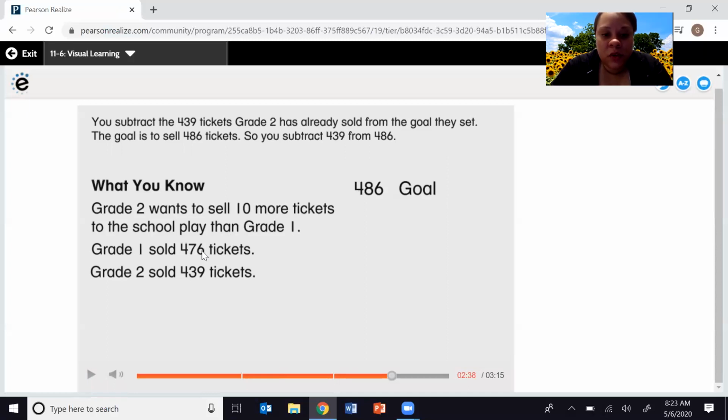Now we can subtract 439 from 486 to figure out how many more tickets they need to reach their goal. The goal is to sell 486 tickets, so you subtract 439 from 486.